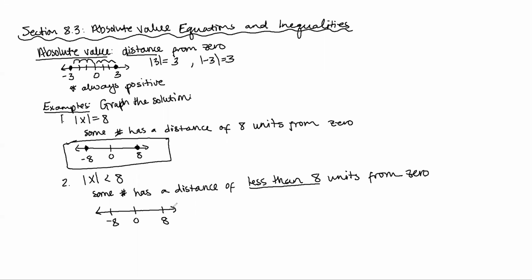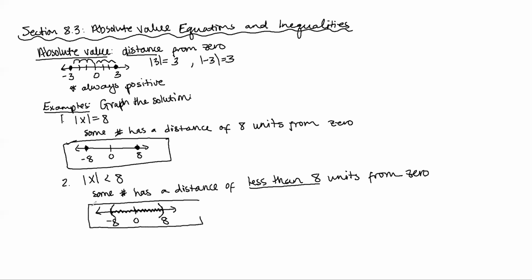But it can't be 9, because 9 would have a distance of more than 8 units from 0. So it's any number between -8 and 8. And we don't want to include 8. So just thinking back to inequalities, we're going to put parentheses at both of these endpoints. If it had been a less than or equal to, then we would have had brackets at each one of these.